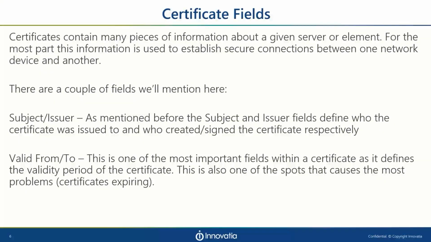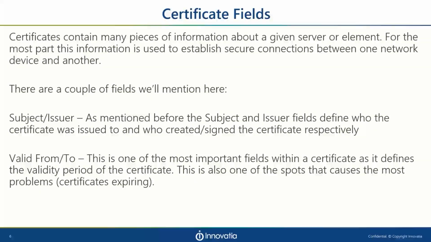There are a couple of fields, though, that we'll mention here that are not directly tied into the encrypting of a connection, but they are very important because they enable not only the certificate trust chain to be established, but they also set up the validity period for a certificate.